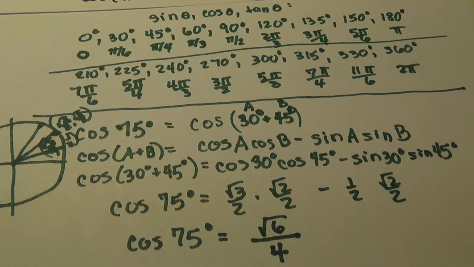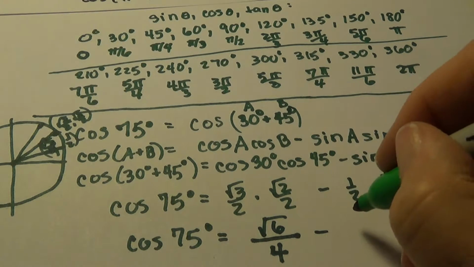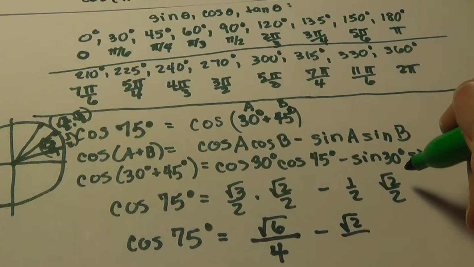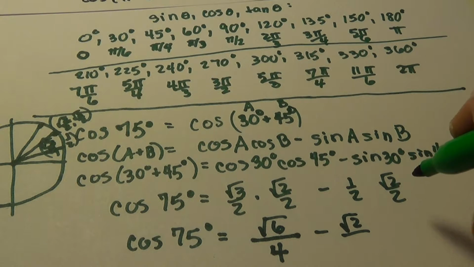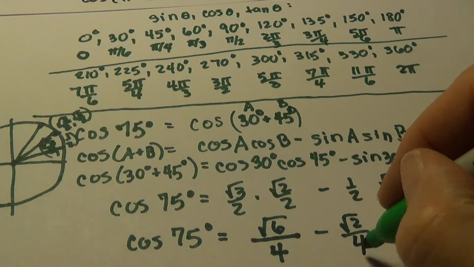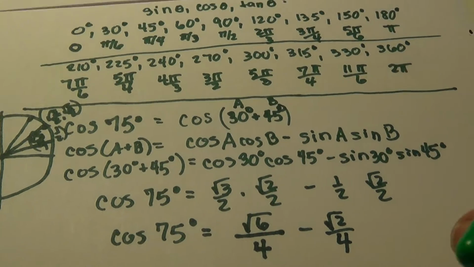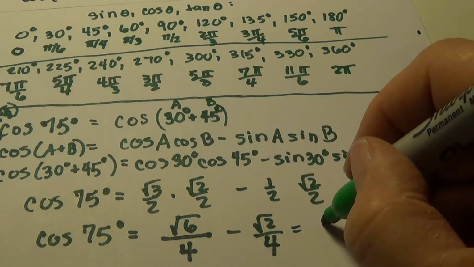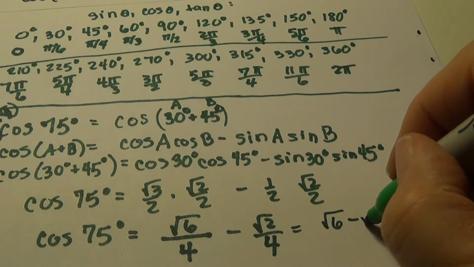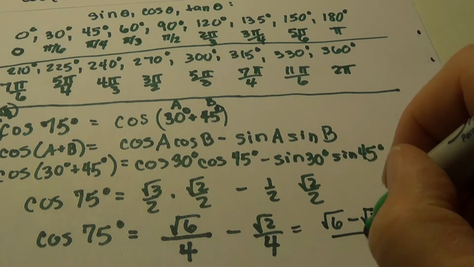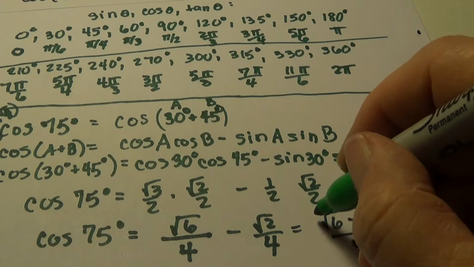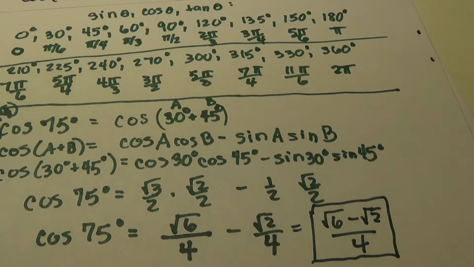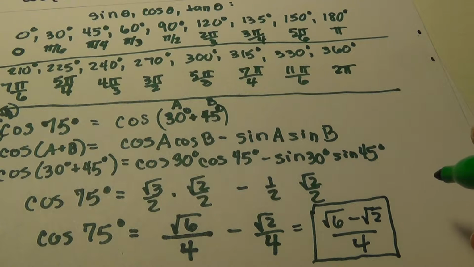And then over here we get top times top, numerators, their product is square root of 2, and the bottom is 4. If it doesn't have a like denominator, give it one. This happens to have a like denominator, so I get square root of 6 minus square root of 2 over 4. That, my friends, is the cosine of 75 degrees exact.